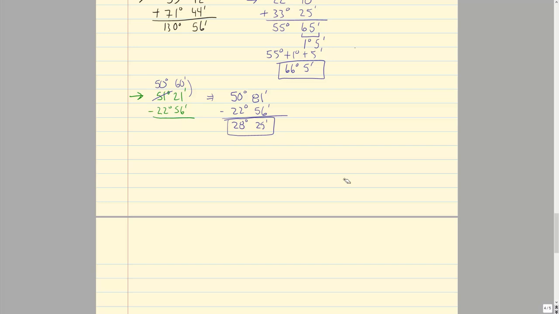Now I can also convert these back and forth from degrees, minutes, and seconds to decimals. So let's go ahead and look at converting degrees, minutes, seconds to decimals. Now this is going to be pretty easy because we already know what the ratios are here.